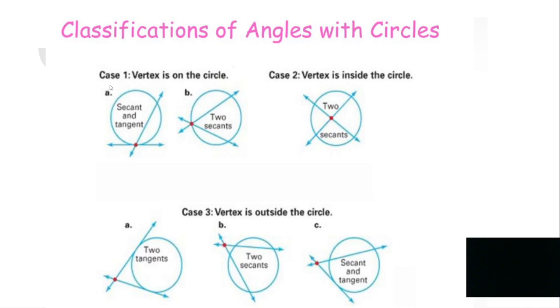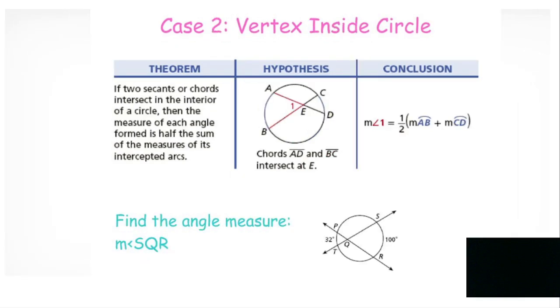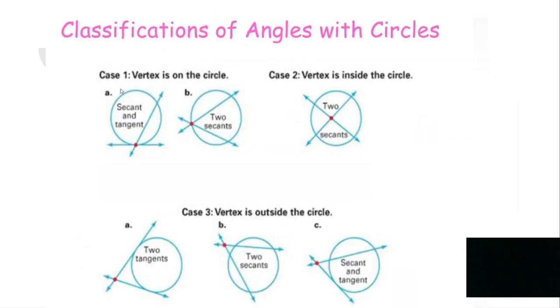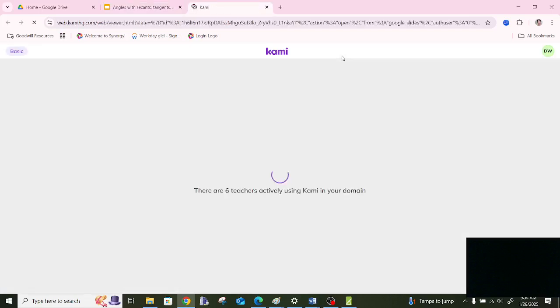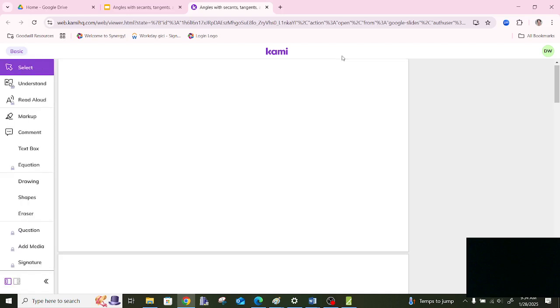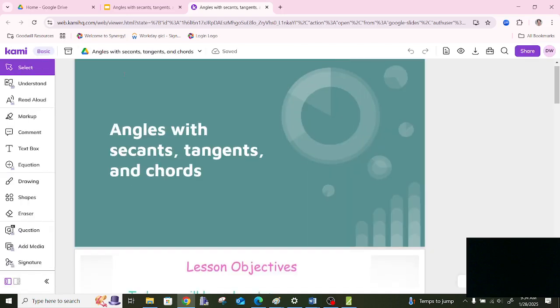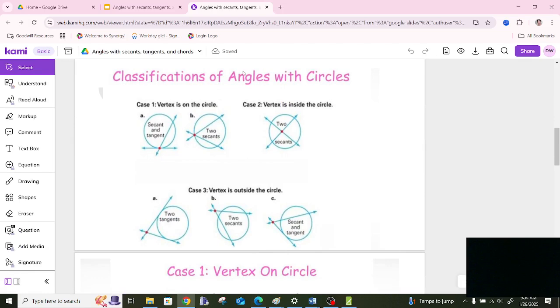Okay, so we have case one, where the vertex, and when we're talking about a vertex, do you see here how this creates an angle? Let me make this bigger.